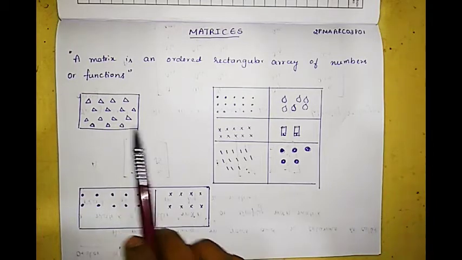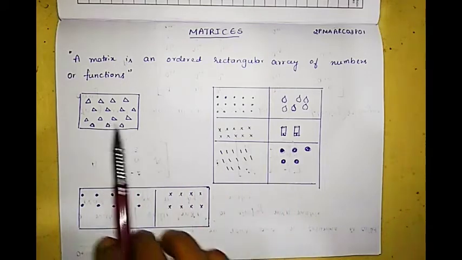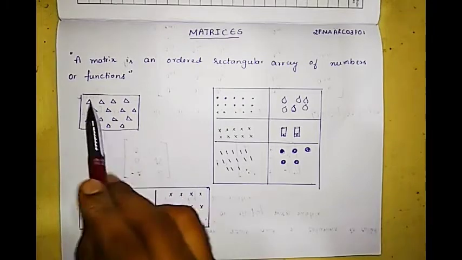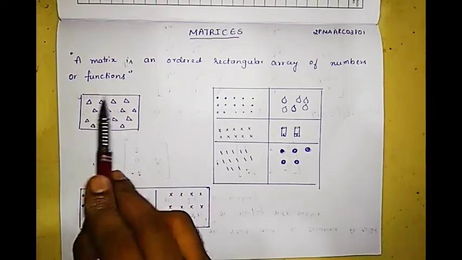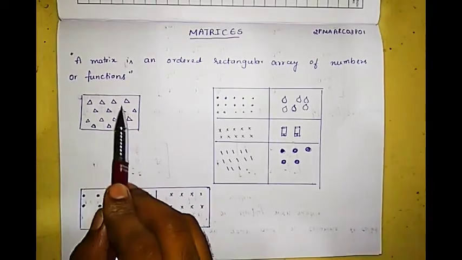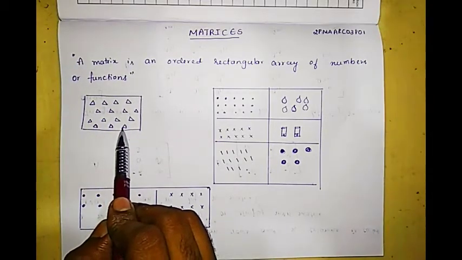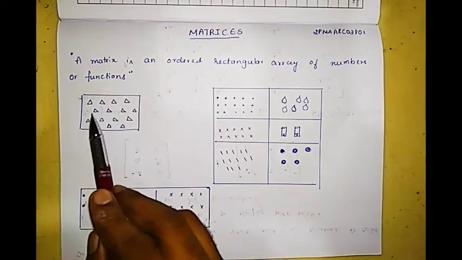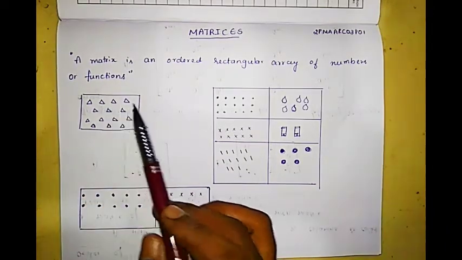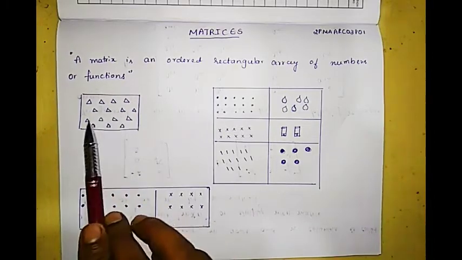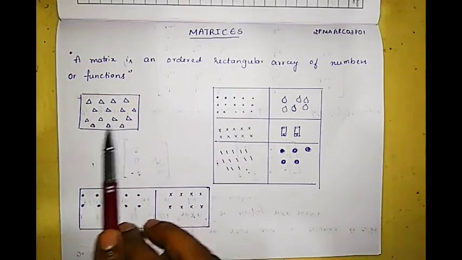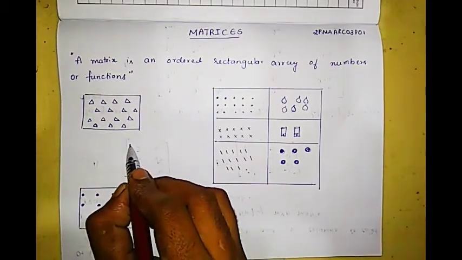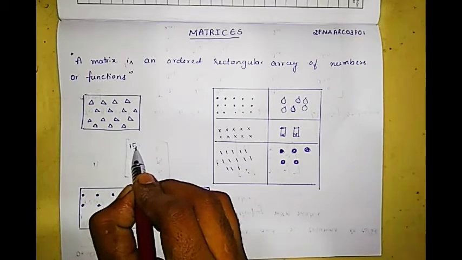We can see there are three different forms of element arrangements. The first is a set of all objects which are contained in one box, or you can say one cell. The number inside the cell is 15, as we count 1, 2, 3 up to 15.